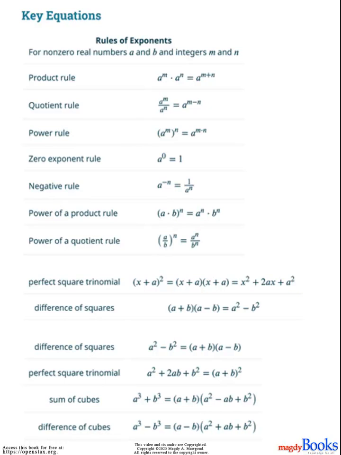Difference of cubes. a cubed minus b cubed equals (a minus b) multiplied by (a squared plus ab plus b squared).